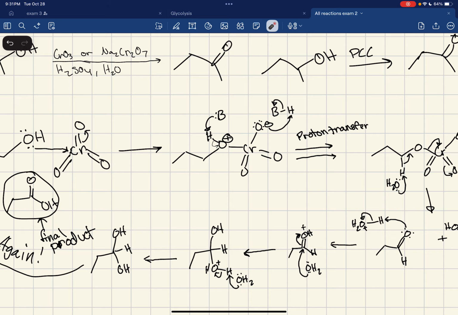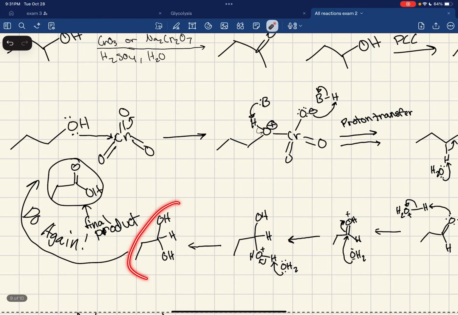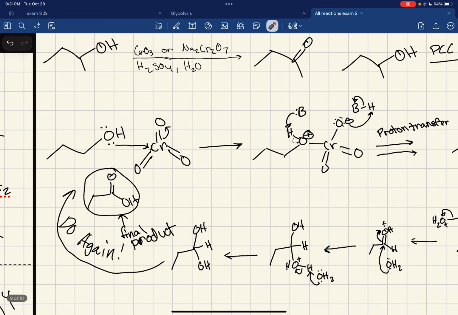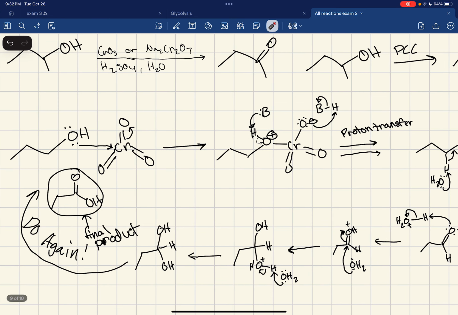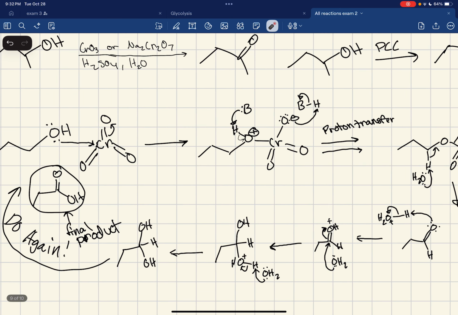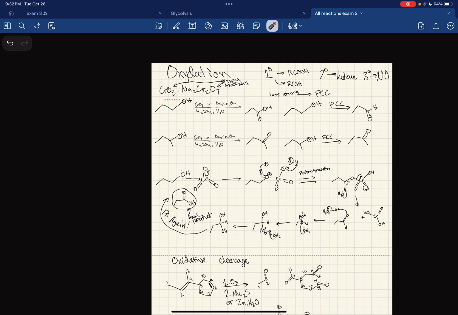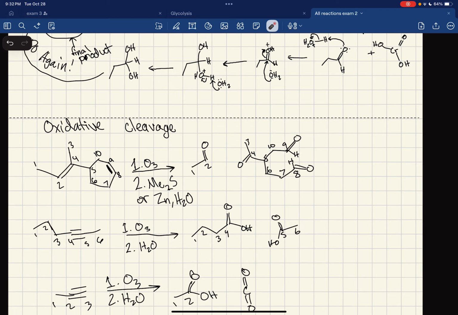And then it's going to deprotonate that, and then you're going to have a diol right there. And then from here, you're essentially going to do the exact same thing as you did up here, again, where this would come in and attack that, and do the whole process again. Cool. All right, oxidative cleavage.